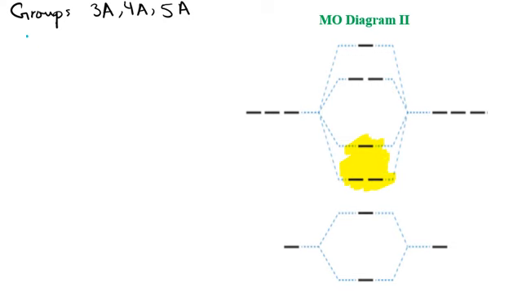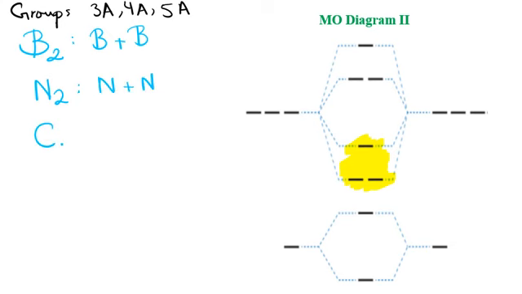So one of the examples I'm going to talk about is, for example, B2. Boron is group number 3, and I'm going to add 2 boron atoms to each other. So you may use nitrogen, 2 nitrogen atoms. Group number 4, carbon, 2 carbon atoms.